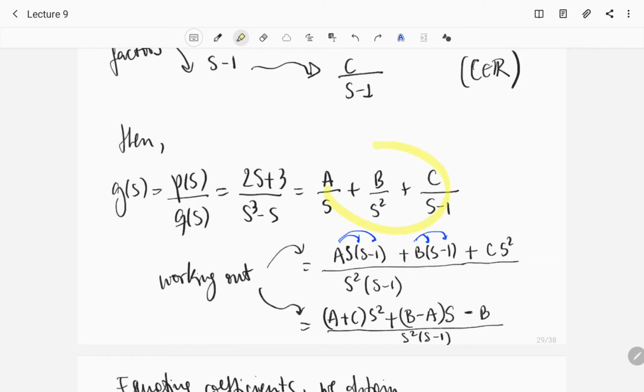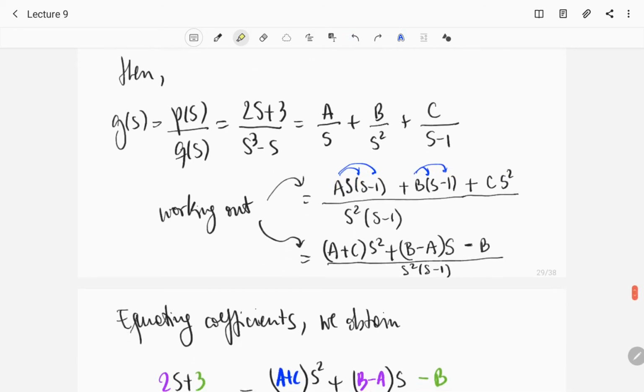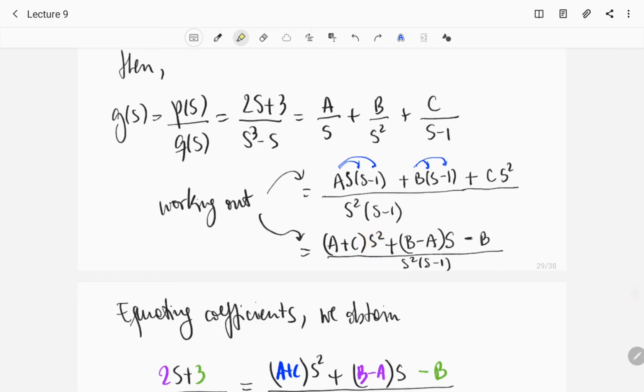Making the computation on this side of the identity, you compute these products, and then you gather together the numbers multiplying s squared, the numbers multiplying s, and those multiplying s to the power 0, so just numbers. Once we have that, we can equate coefficients.